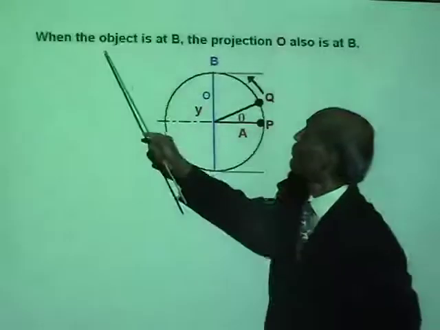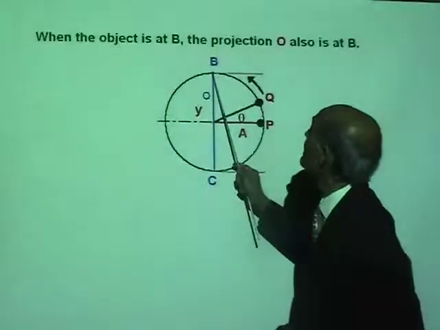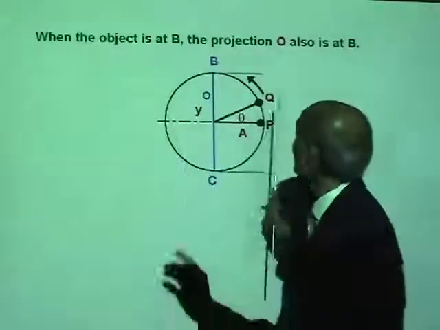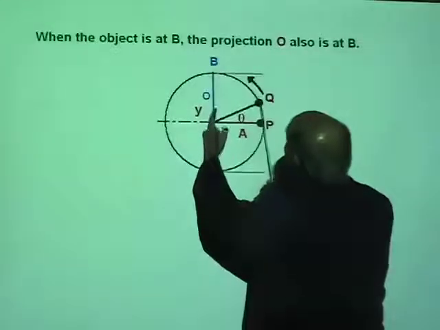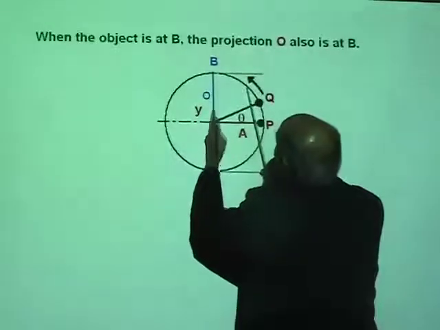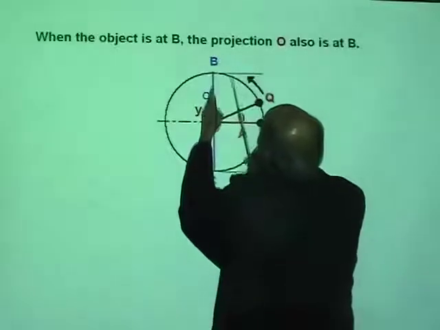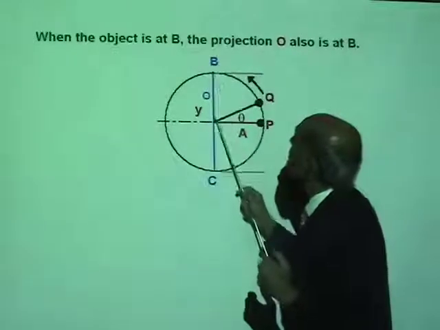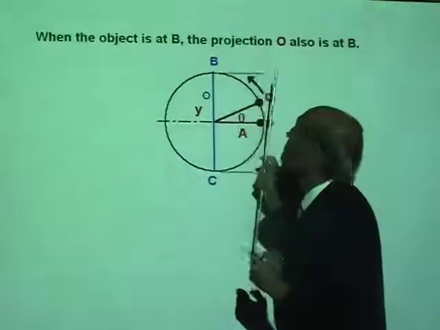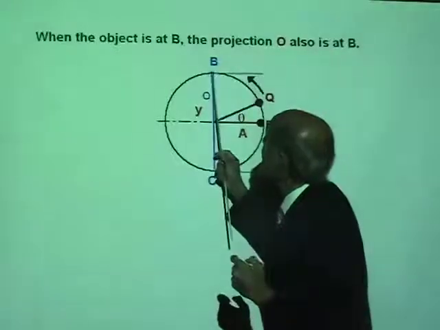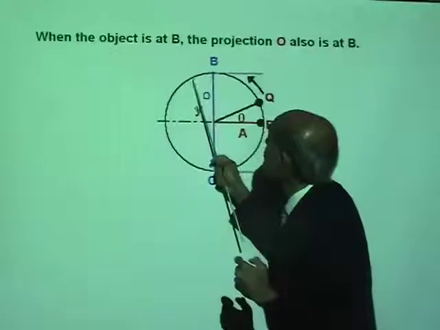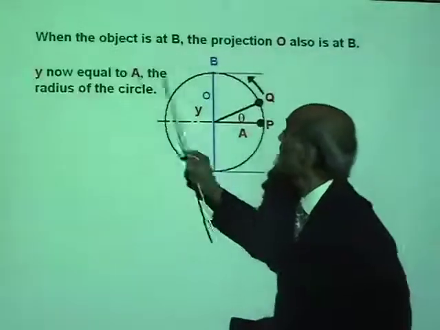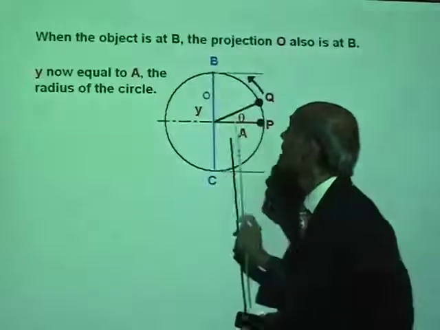Now, when the object is at B, the projection also will be at B. As the object continues to move along the circle, the projection O will go up ultimately. When the object is at B, y is now equal to a, the radius of the circle.